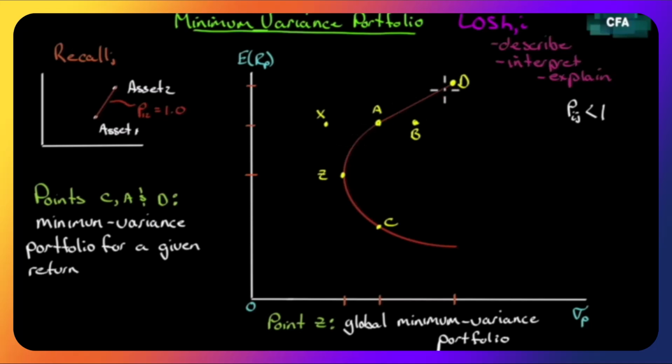So let's start naming things so that we know exactly what we're talking about. The entire line, and I'm drawing two arrows because I want to make a point that it's this entire line, is called the minimum variance frontier. Let me write that down. Minimum variance frontier.